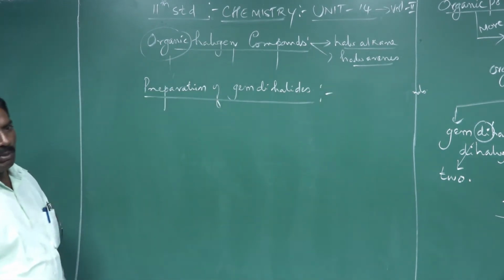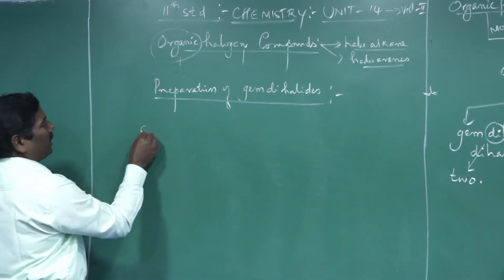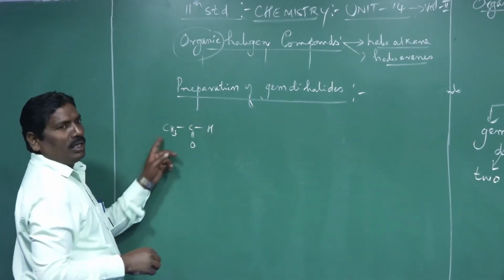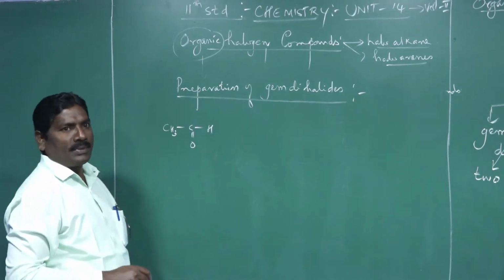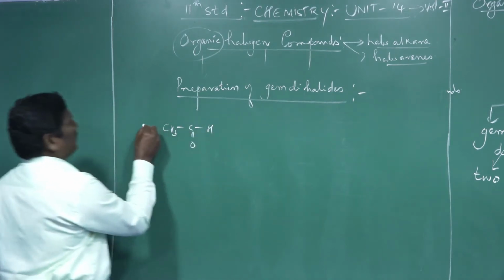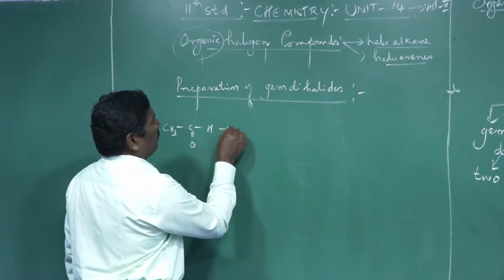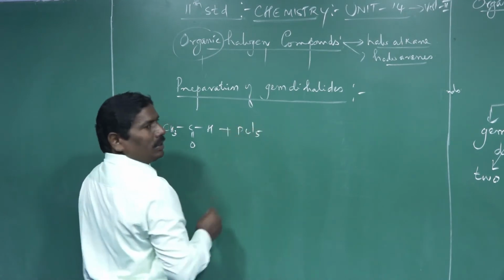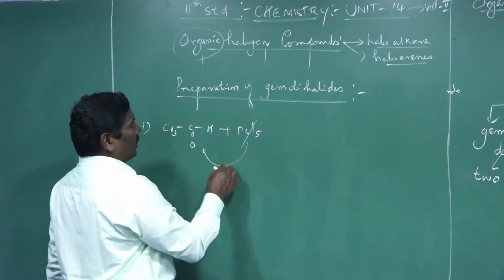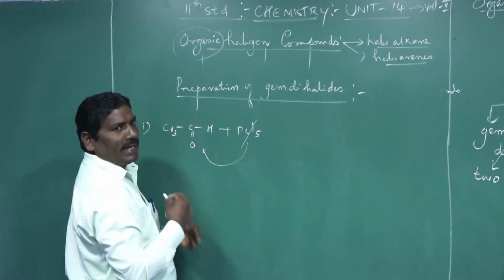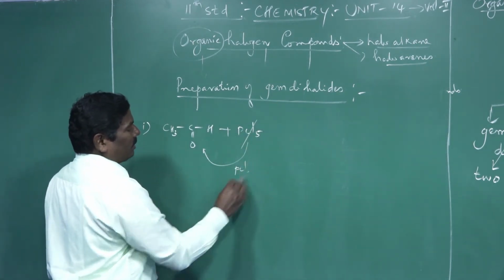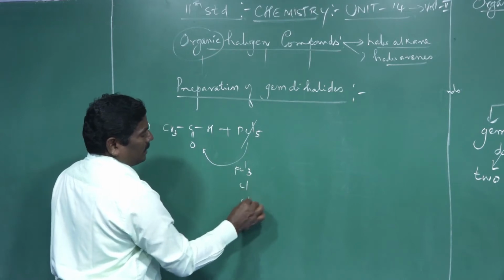First, acetaldehyde, which you have studied in organic chemistry, is treated with PCl5. The PCl5 is a chlorinating agent, adding chlorine to the compound. This PCl5 can split into PCl3 and Cl and Cl.